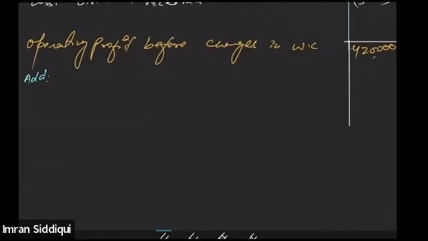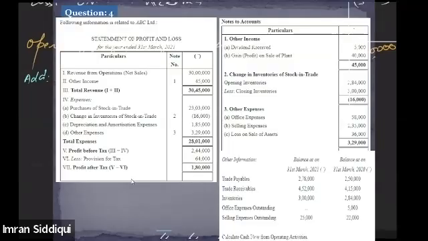Then now what we need to do, we need to add the increase in current liability. Sorry, we need to add the increase in current asset. Is there any item relating to current asset given in the question? Tell me if you're able to see that.